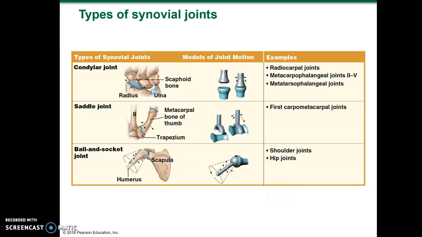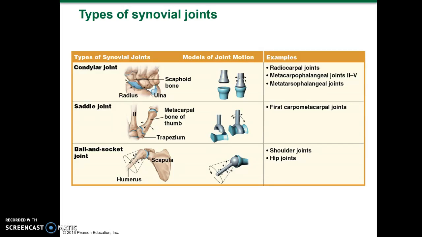Continuing with the types of synovial joints, we have condylar joints, like the ones between the radius and the ulna and scaphoid bones. So we call this the radiocarpal joints, but also the metacarpophalangeal joints 2 through 5, and the metatarsophalangeal joints.